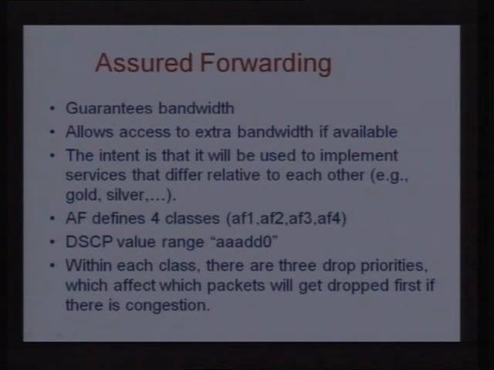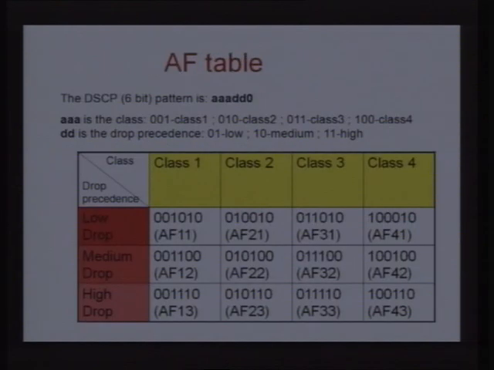So within each class, as we have seen there are 4 different classes, within each class there are 3 drop priorities. This means which packet should be dropped first if packets of this particular priority are obtained.